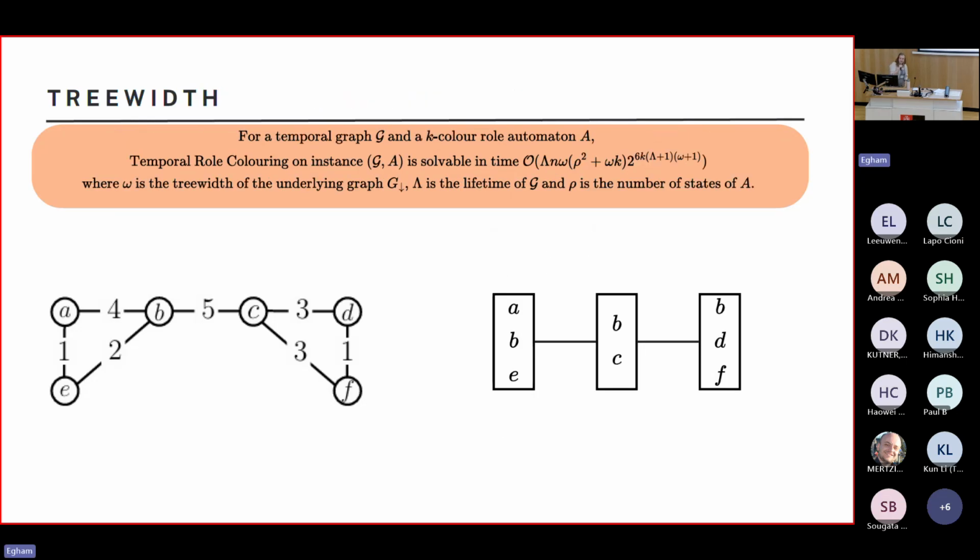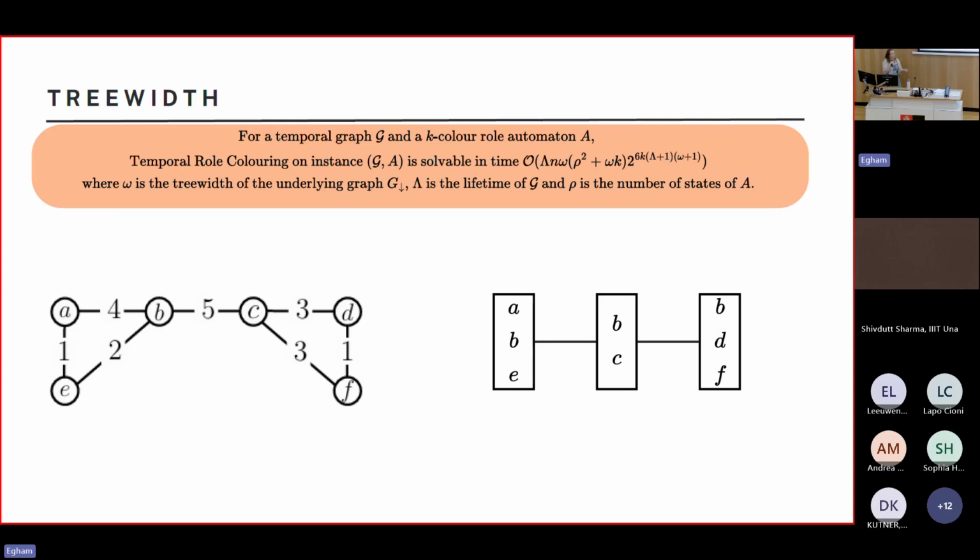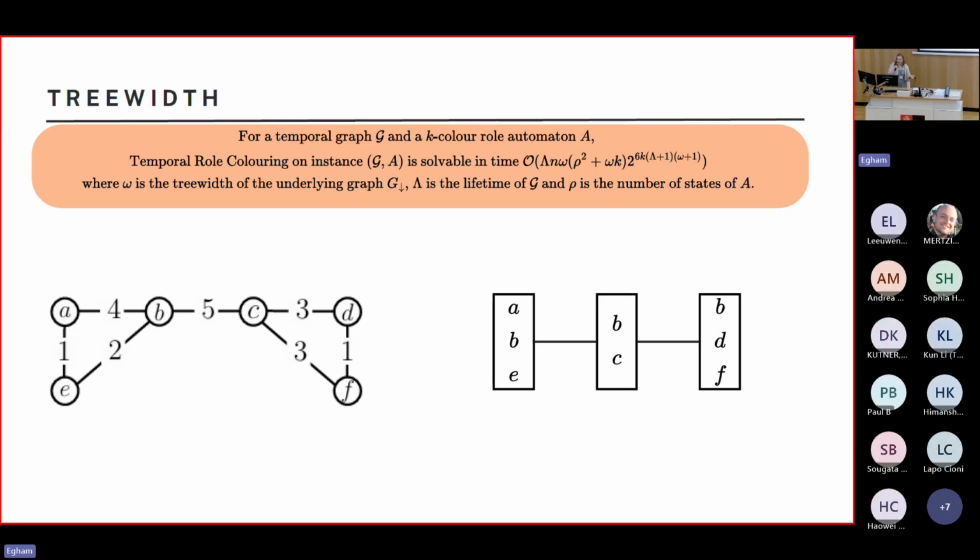And our final parameter is one that you're probably a bit more familiar with, which is the tree width of the graph. And we use the tree width of the underlying graph. And then by a classic dynamic programming technique, we get an FPT result parameterized by the tree width, the lifetime, and K, which is the number of colors of the automaton.